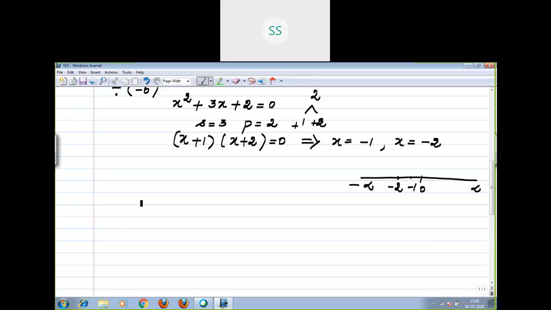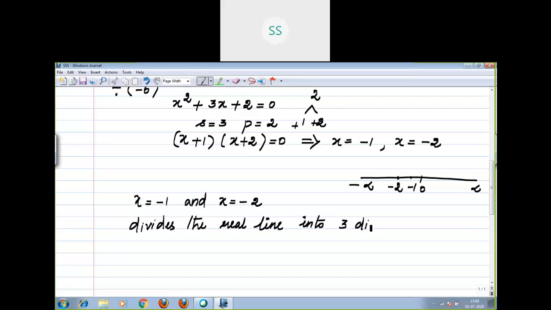See, x is equal to minus 1 and x is equal to minus 2 divide the real line into 3 disjoint intervals.